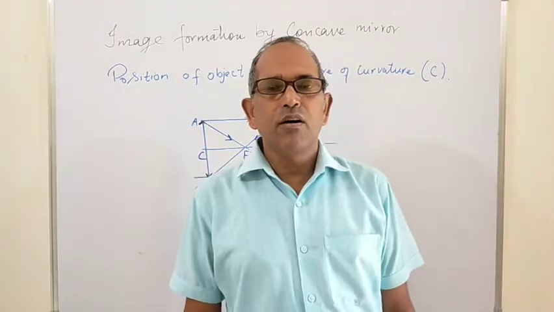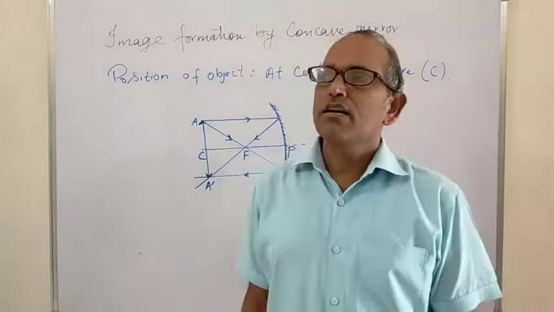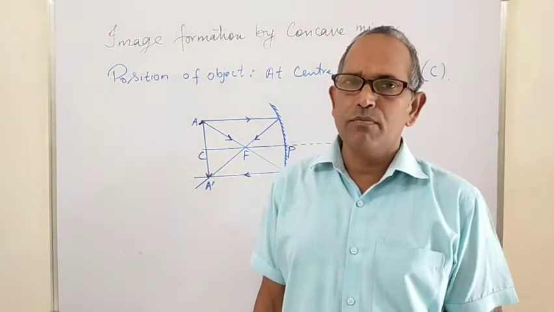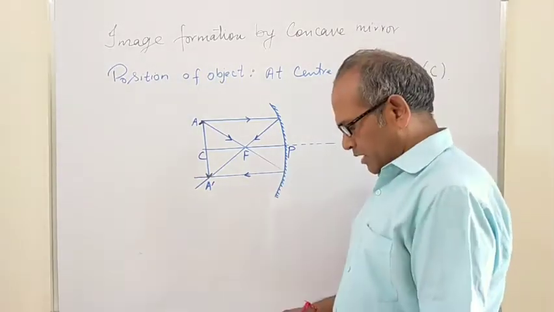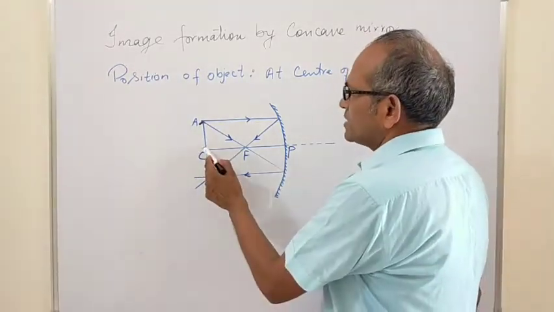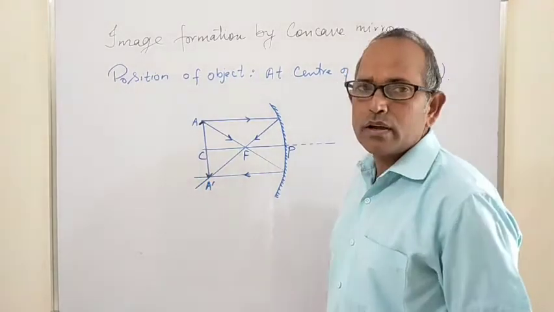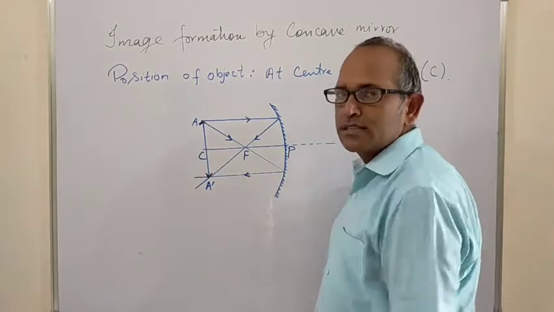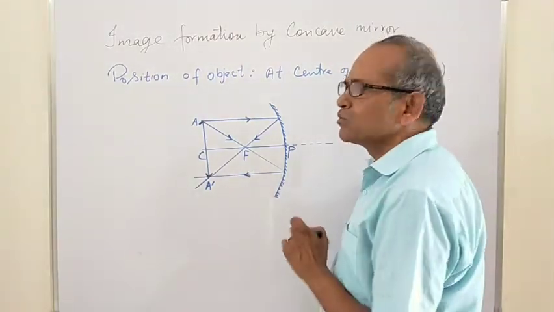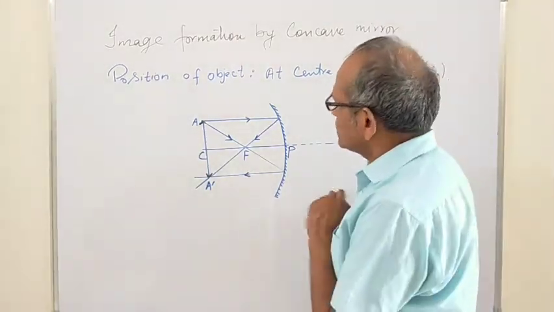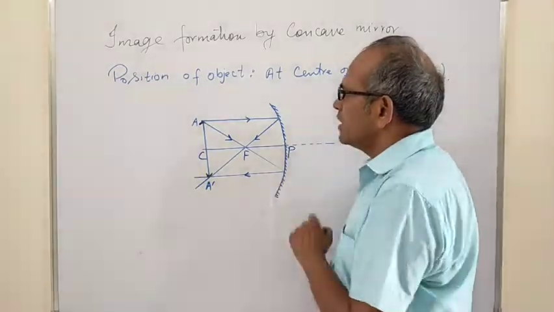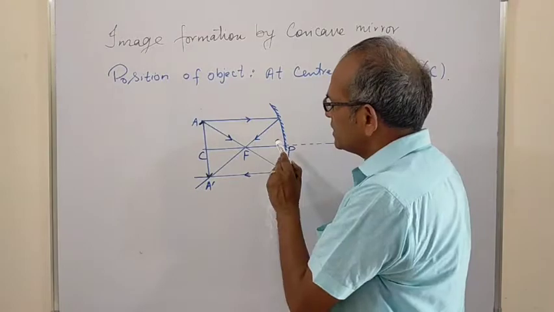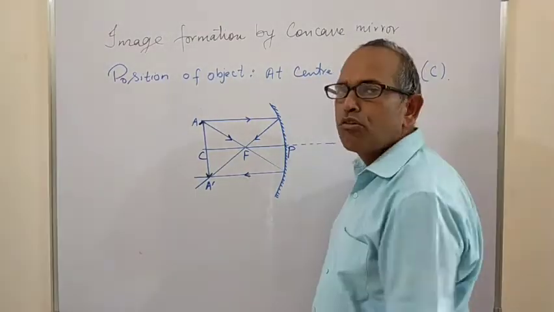Now we will place the object at the center of curvature and study the nature of the image formed. Okay, so this object is at the center of curvature. Now we take one ray parallel to the principal axis. According to our first rule of reflection from a spherical mirror, a ray of light parallel to the principal axis passes through the focus.